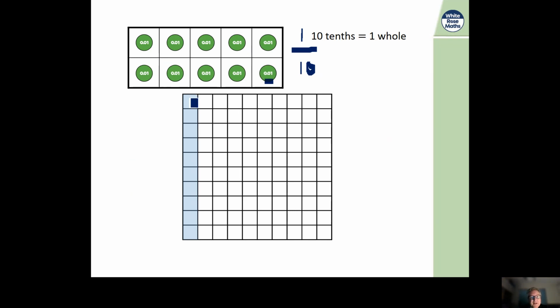Now each one is divided into 1/100th. And one way of appreciating that is that if this is 10, and the other side, of course, is 10, because that's the property of the square, and 10 times 10 is 100. So there are 100 squares there. I'll leave you to count that if you want to.